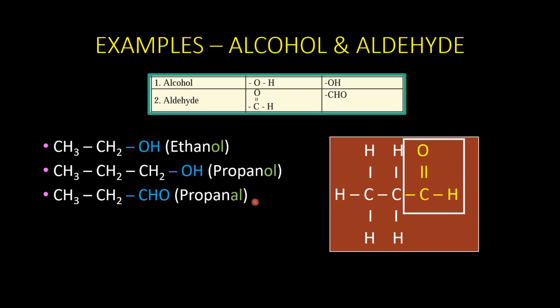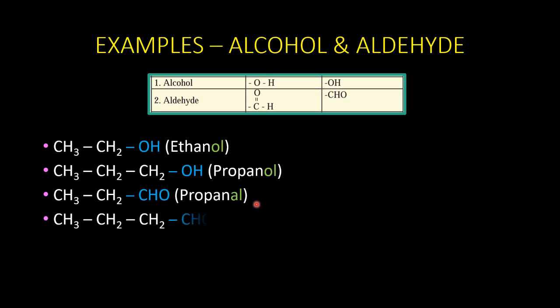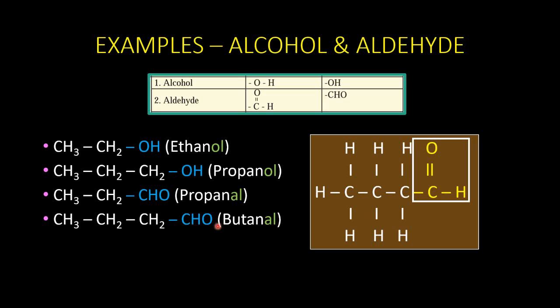Hence the name propanal. Let us see one more structure, butanal. So here there is 1, 2, 3, 4 carbon atom present. AL means the presence of aldehyde and here is the structure of butanal, 1, 2, 3, 4 carbon atom and this is the way of representing an aldehyde functional group.